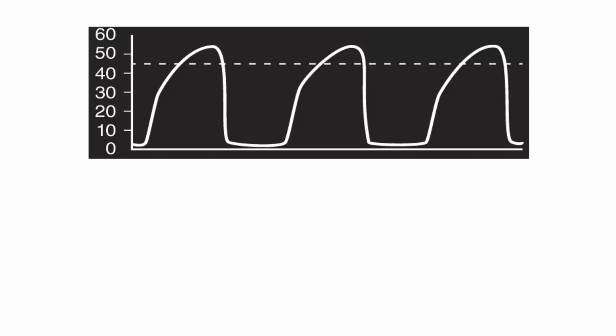Not only the value of capnometry, but also the shape of the capnographic curve can be a clinical guide for us. In patients with lower airway obstruction, such as COPD patients, they have prolonged expiration together with higher capnometry value. The shape of the curve is roughly the same as in the figure.